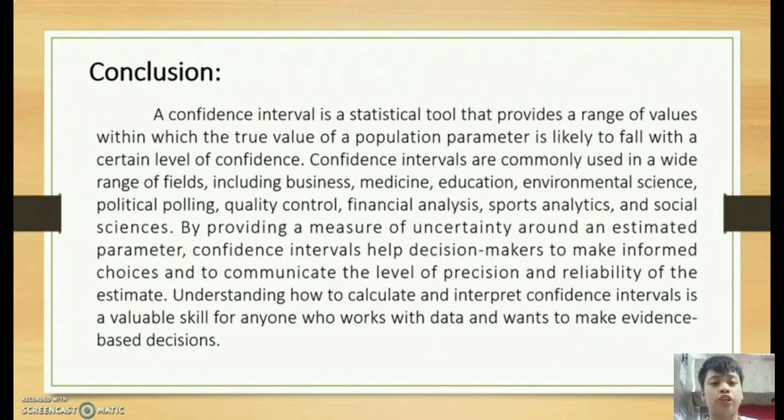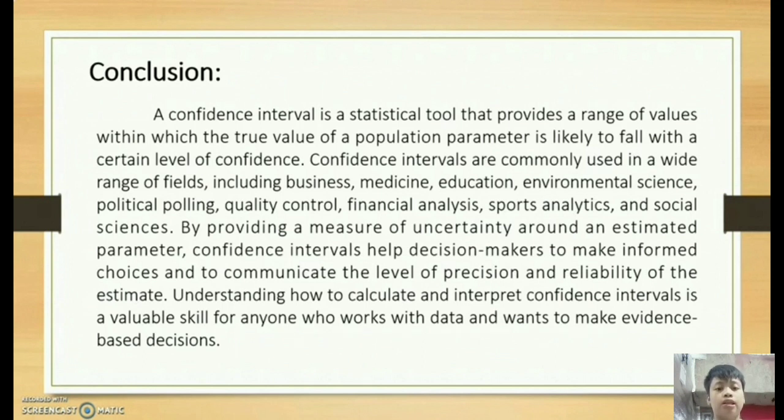In conclusion, a confidence interval is a way to estimate a range of values where the true value of a population parameter, like an average or a proportion, is likely to be with a certain level of confidence. This is useful in many different fields like business, medicine, and social sciences because it helps people make decisions based on data that is not entirely certain.